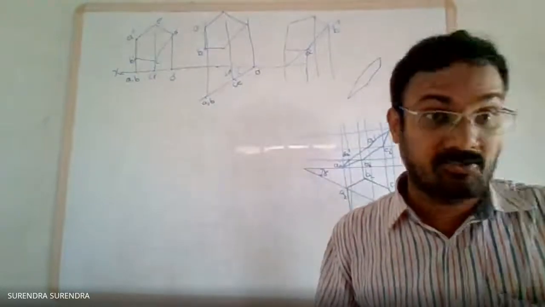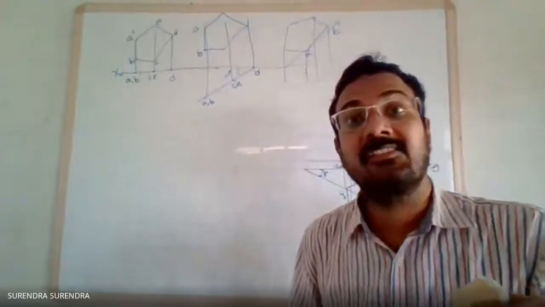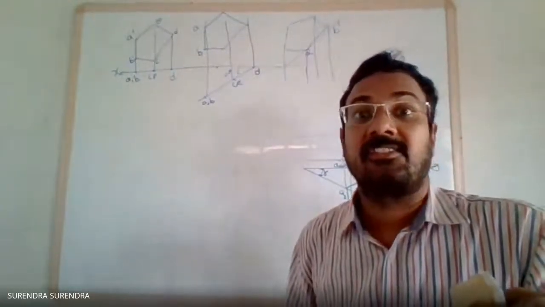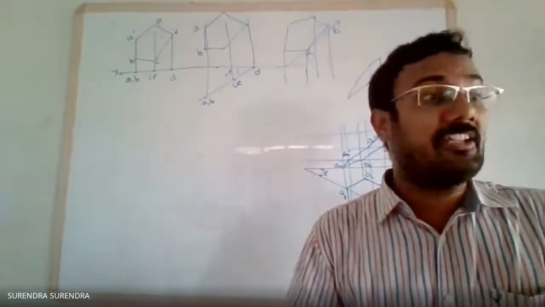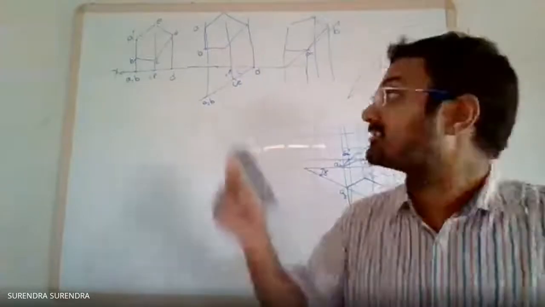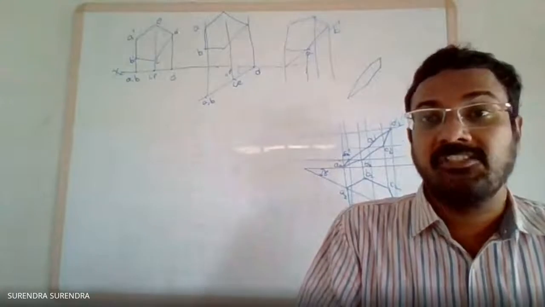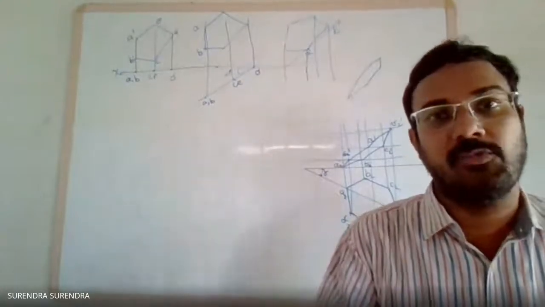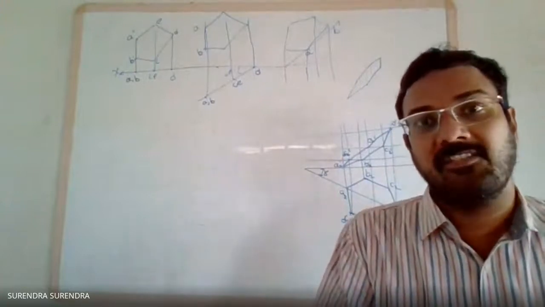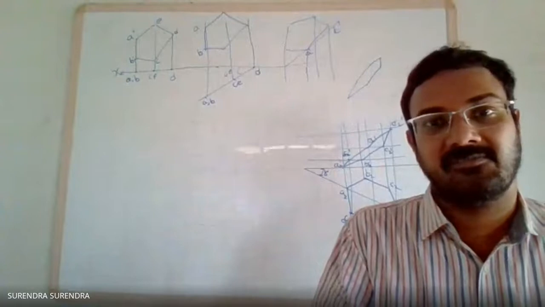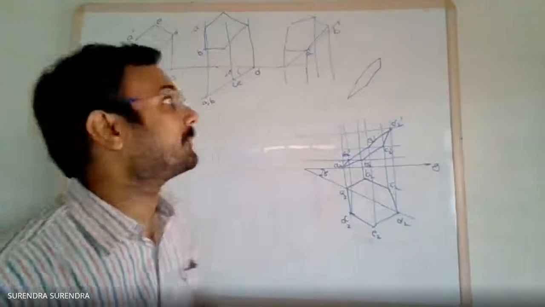In examinations you will get problems on lines inclined to both the planes, or a surface or plane inclined to both the planes. My suggestion is that a plane inclined to both the planes is much easier. Why? Because you can view the shape and the process is only three simple steps. There is no confusion. But for lines inclined to both the planes, imagining the line is a little bit difficult compared to this. So my suggestion is to first concentrate on these projections of planes.